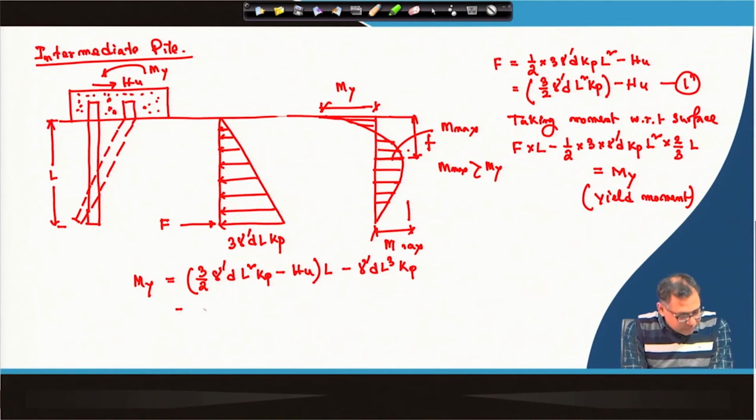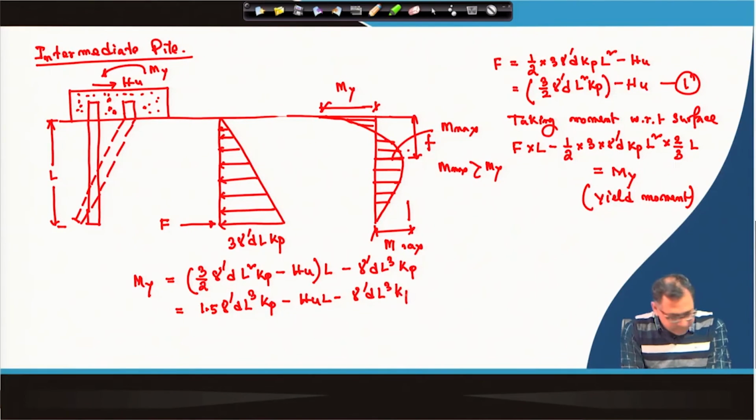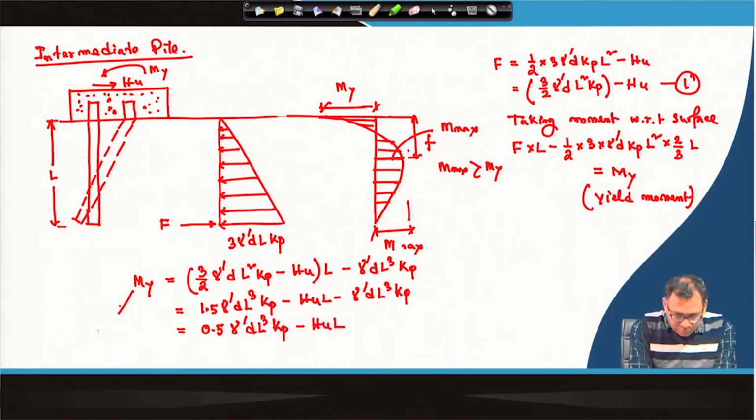So, this will be equal to 1.5 gamma dash d L cube k p minus H u L minus gamma dash d L cube k p. So, finally, it will be 0.5 gamma dash d L cube k p minus H u L, and this is known.